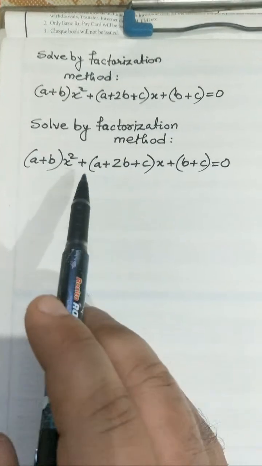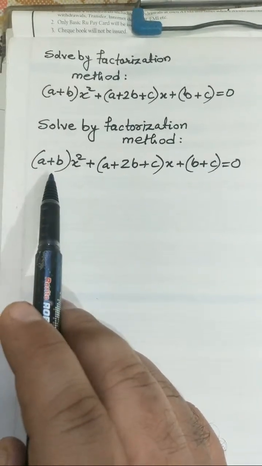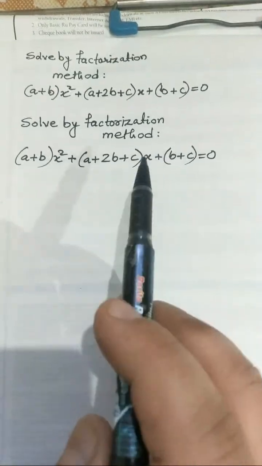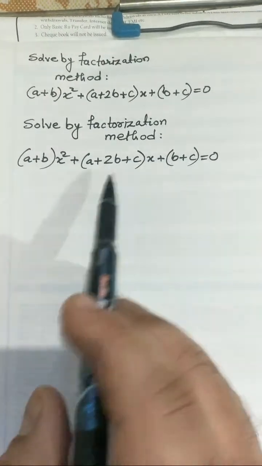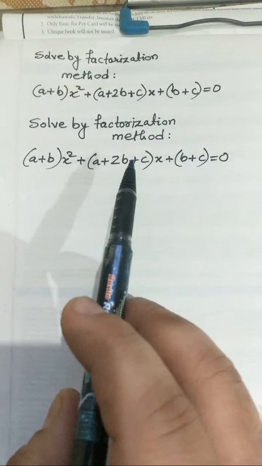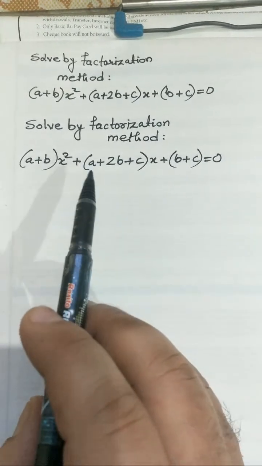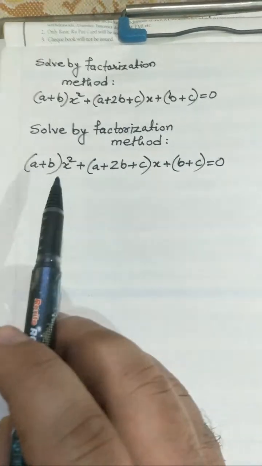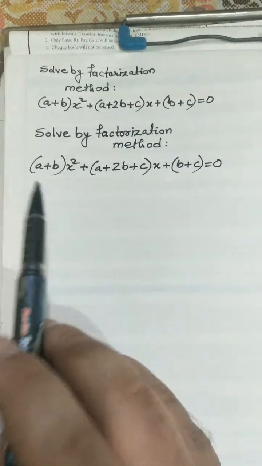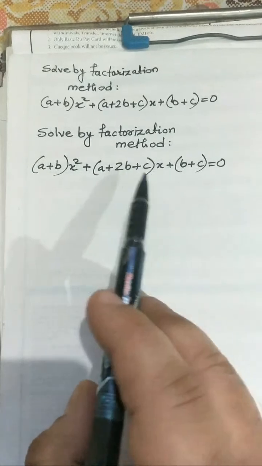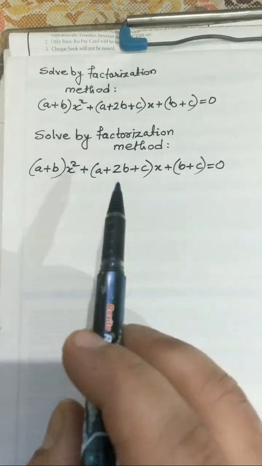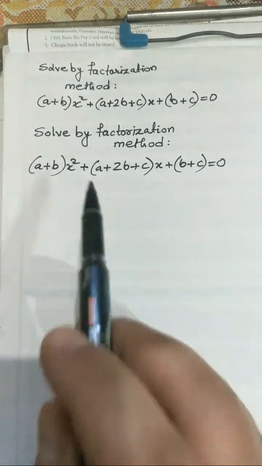Here the first term is a plus b and the last term is b plus c. So the middle term is to be broken into two terms such that the first part has something common with the first term, and the second part has something common with the last term, that is b plus c.